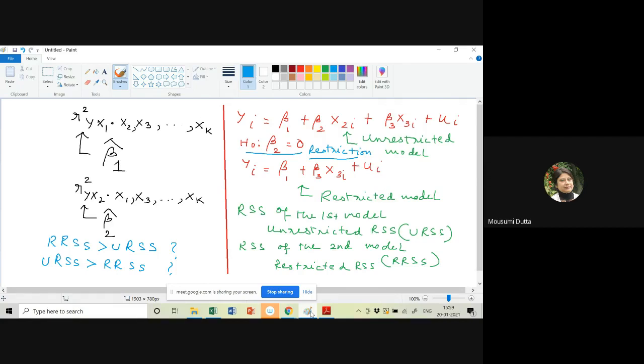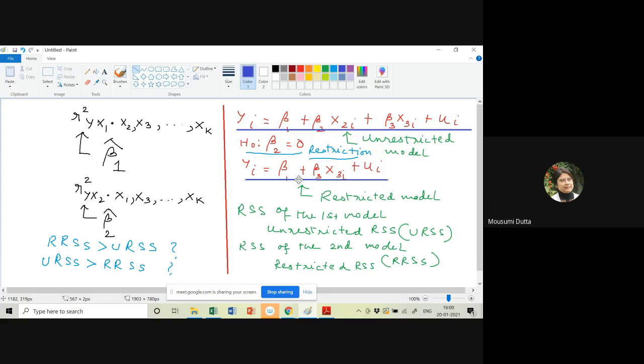Look at the first model. In this model, we have one more explanatory variable, x3i. So it is expected that explanatory capacity of this model will be a bit higher than this one, where we have one less explanatory variable.